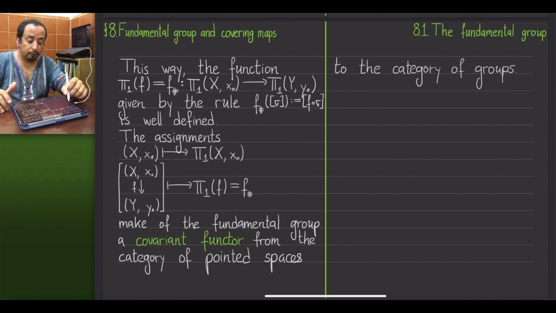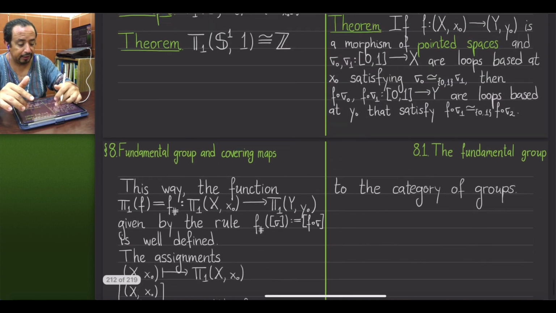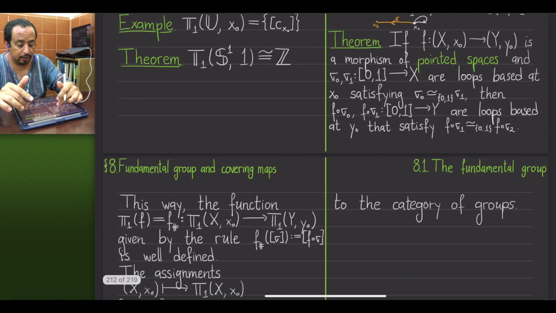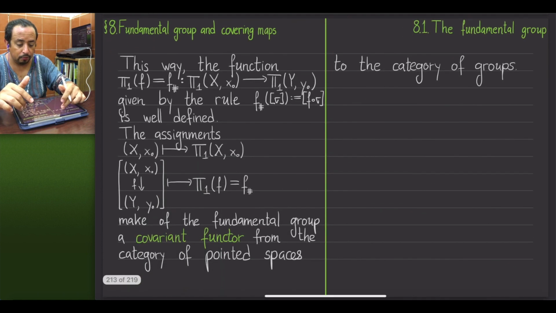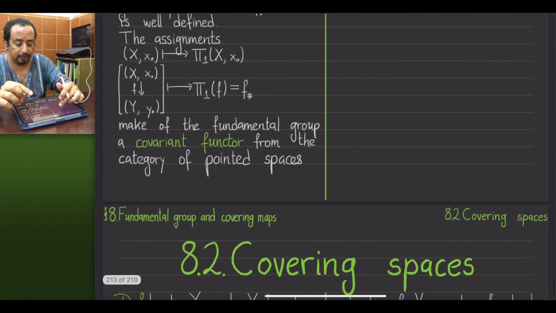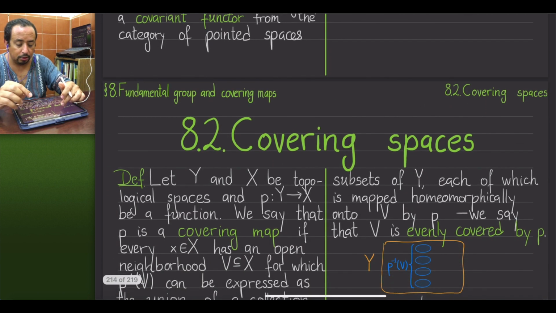So the fundamental group is a covariant functor from the category of pointed spaces to the category of groups. And I leave the proof of this theorem as an exercise. It is, I would say, a routine proof. And next lecture, I'm going to talk about covering spaces.